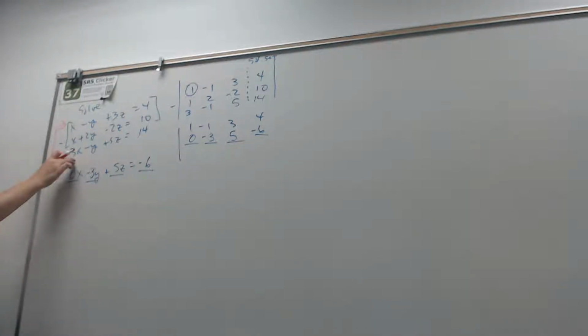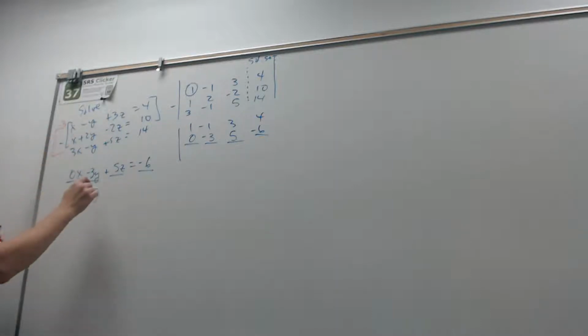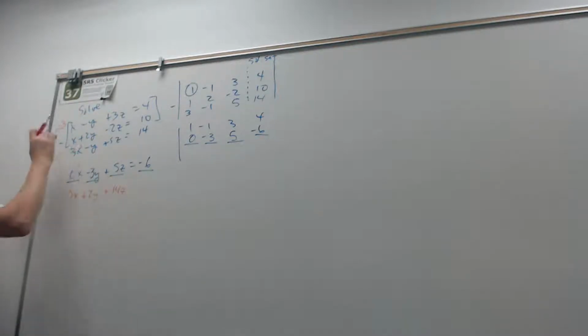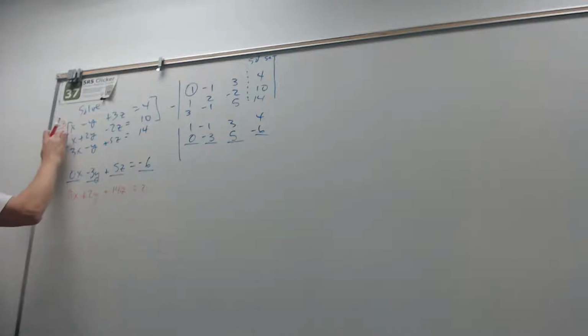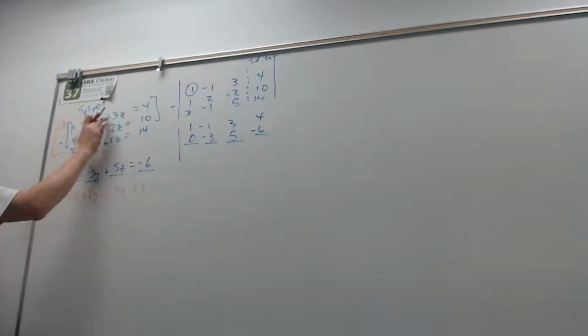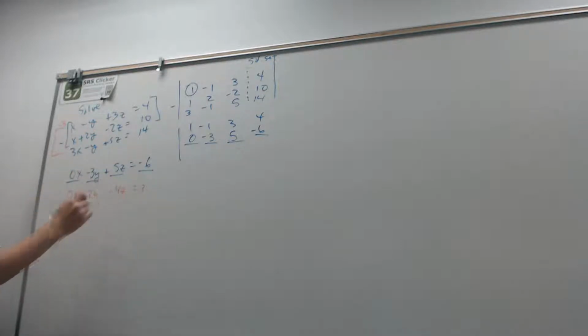So -3x plus x is 0x. -3 times -y is 3y, minus y is 2y. -3 times 3 is -9, -9z plus 5z is -4z. You're right. Then -12 plus 14 is 2.